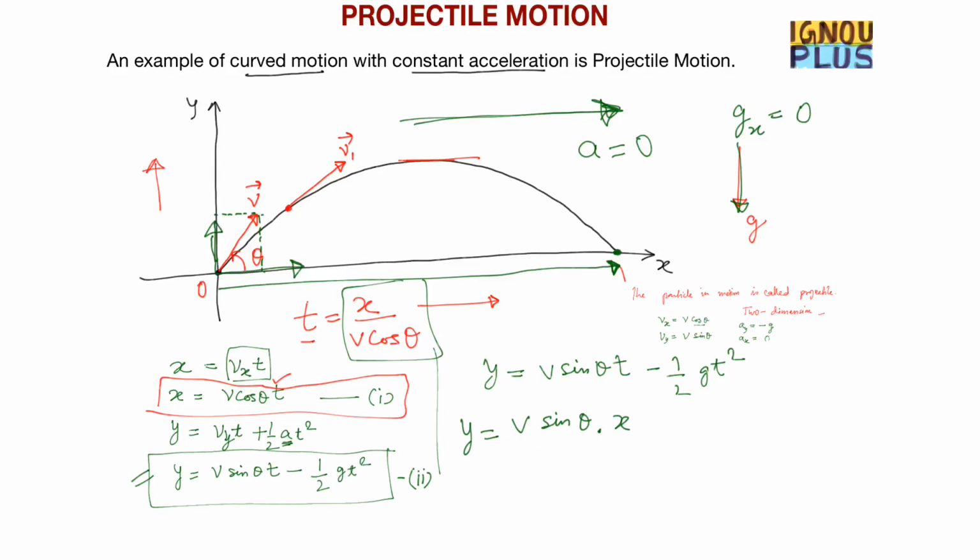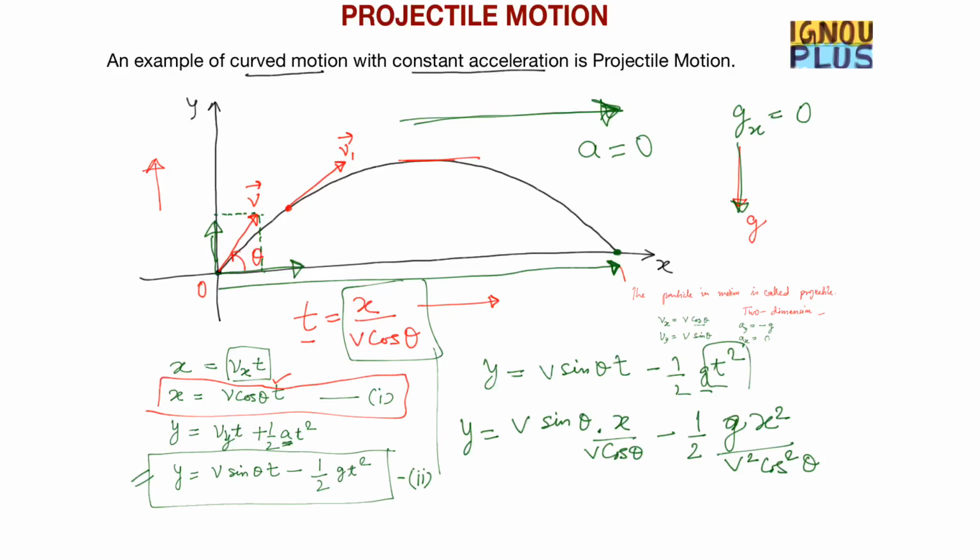So this is x by v cos theta minus half g x square by v square cos square theta, because we need to square the t.